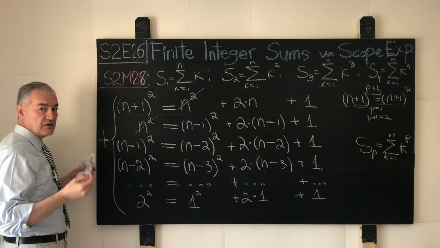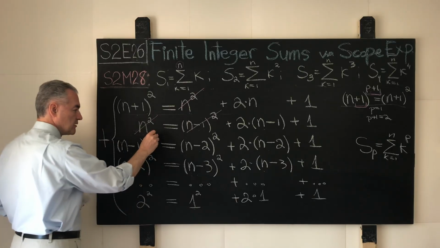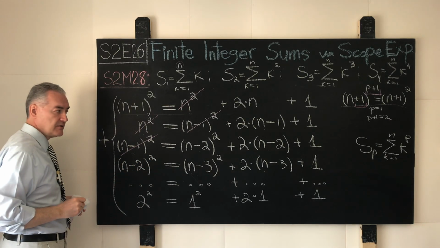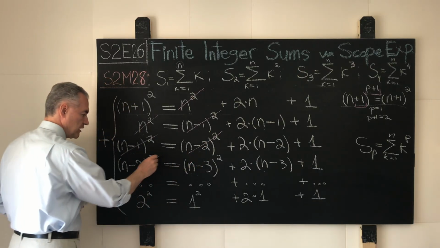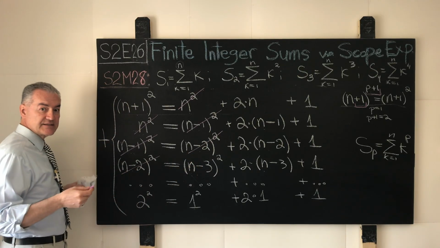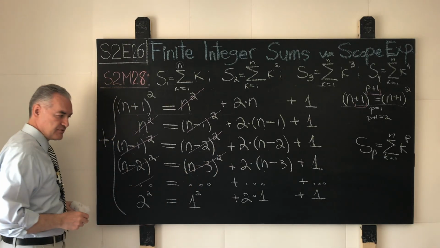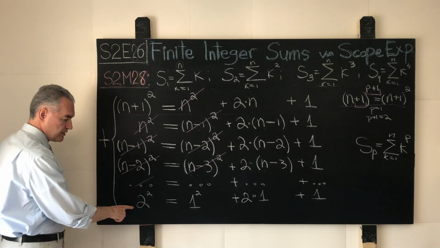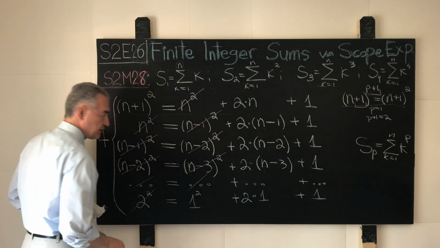What about the next cancellation? Well, n minus 1 squared, n minus 1 squared. Would you agree? Wonderful. Next cancellation, n minus 2 squared, n minus 2 squared. Next cancellation, well, n minus 3 squared, n minus 3 squared over here. What about this guy? Yes, he will cancel with the last equation over here.